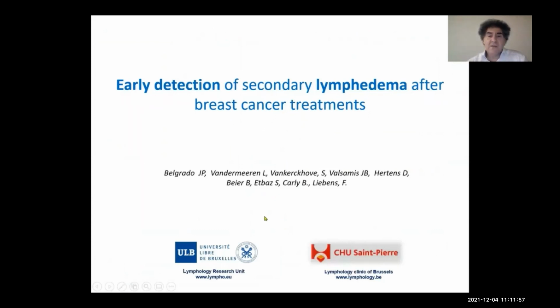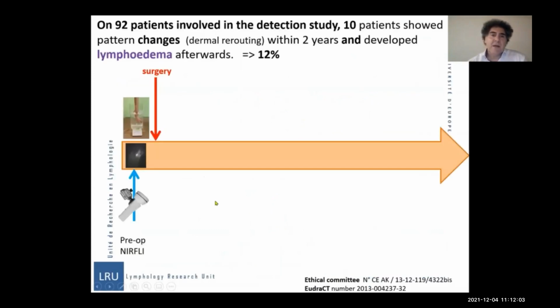So lymphofluoroscopy, when it's used before cancer surgery, can detect secondary lymphedema and also detect which patients are at a very high risk of developing secondary lymphedema after surgery.